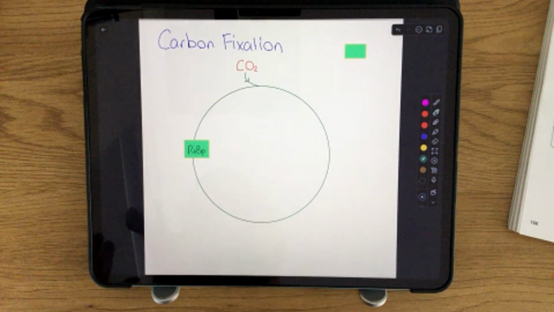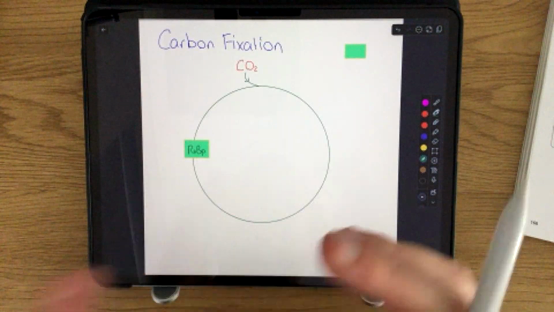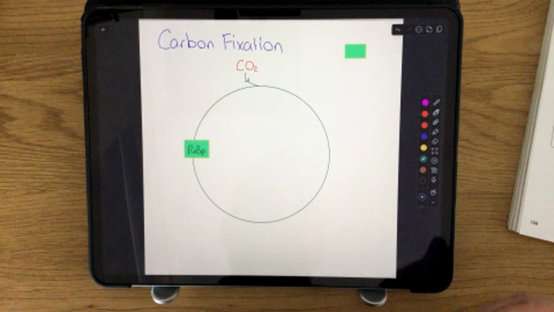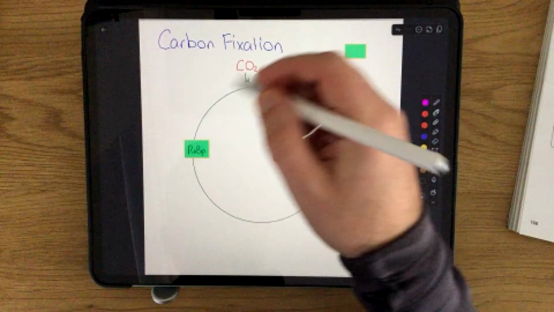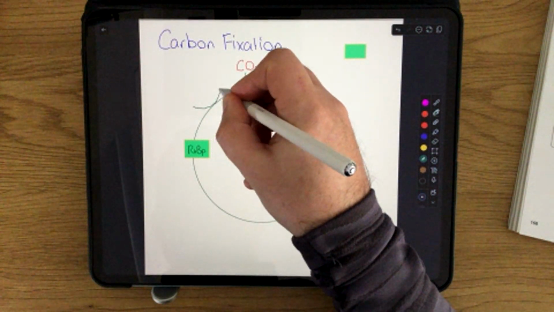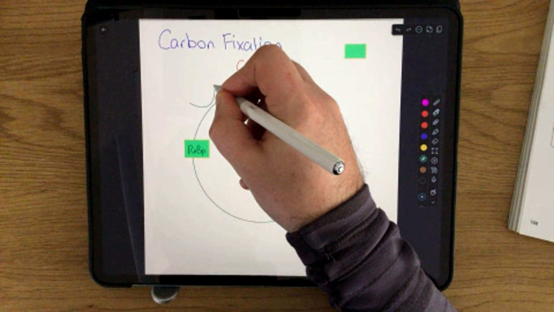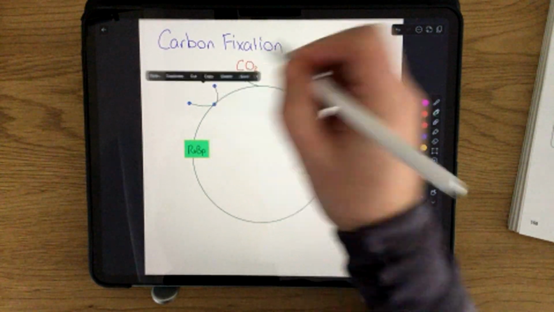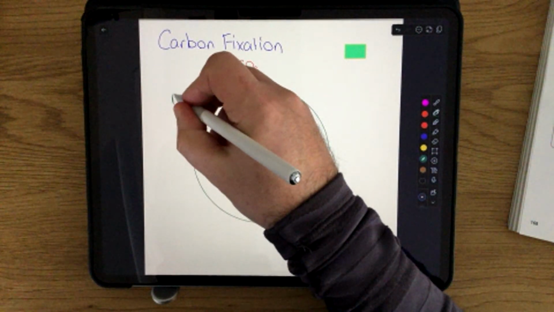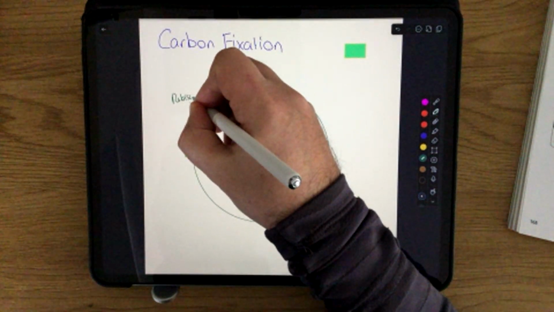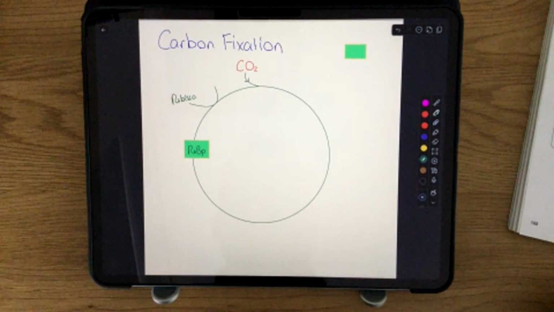That's going to speed up the change of RuBP into something different by adding carbon dioxide to it. So we're going to use the enzyme, sorry, it's happened again. I'll get better at these curves. There we go. We're going to use the enzyme Rubisco.